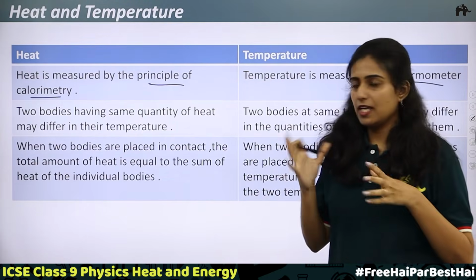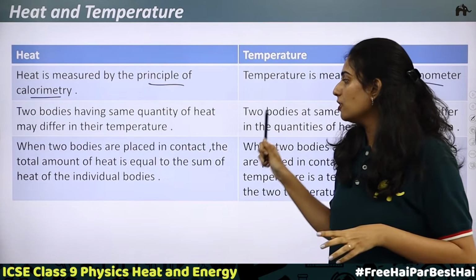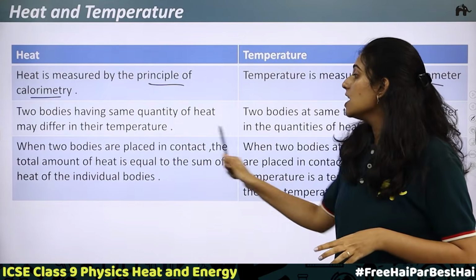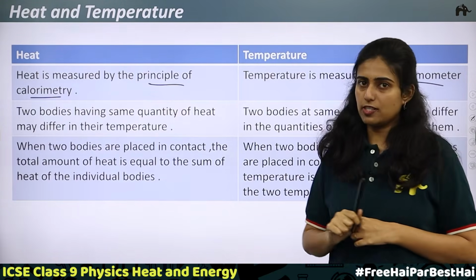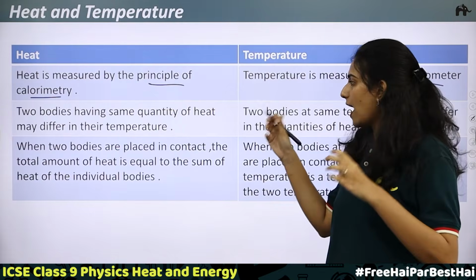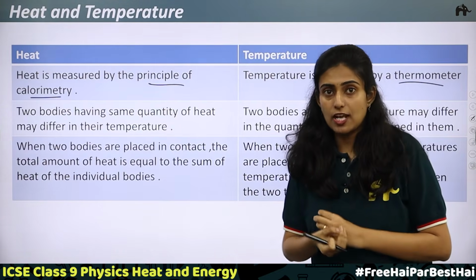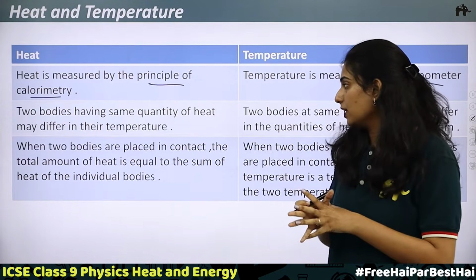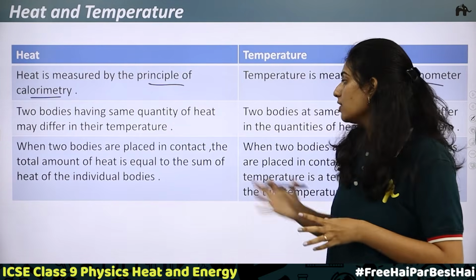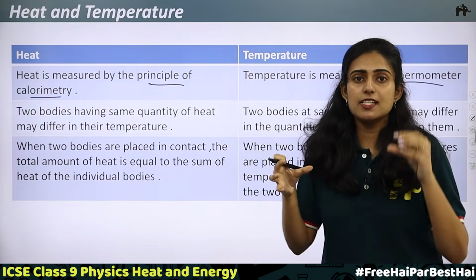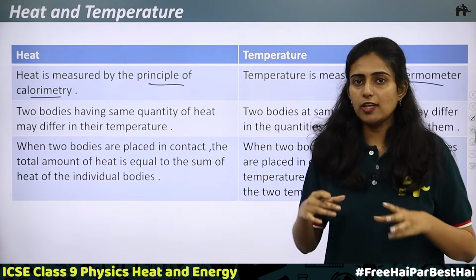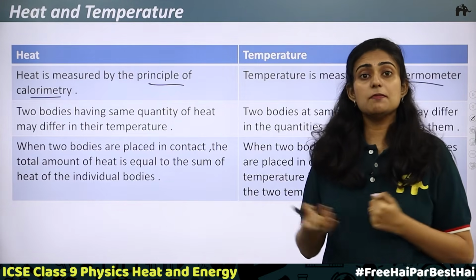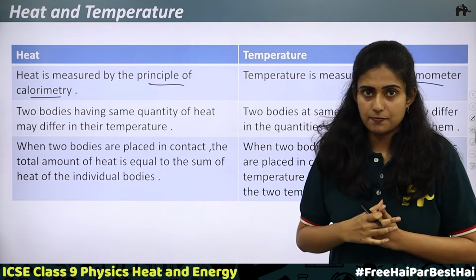When two bodies are placed in contact, the total amount of heat is equal to the sum of heat of the individual bodies. This we know. If you have two bodies at two different temperatures, what happens? The total amount of heat can be obtained by just taking the sum. Let's say one body is at 30 degrees Celsius and the other body is at 10 degrees Celsius.